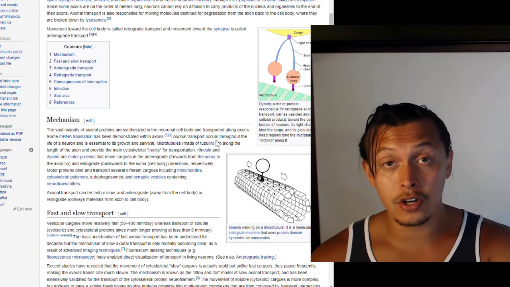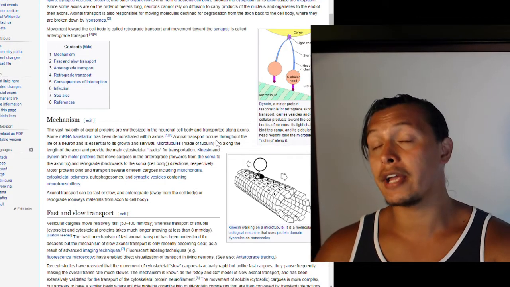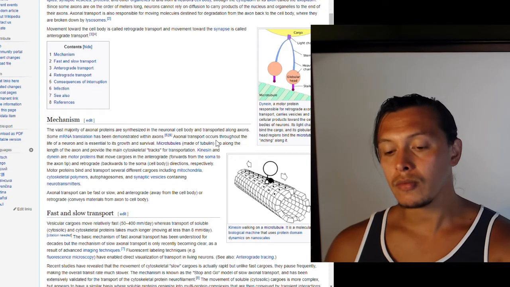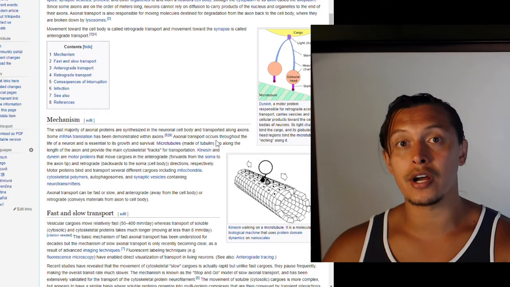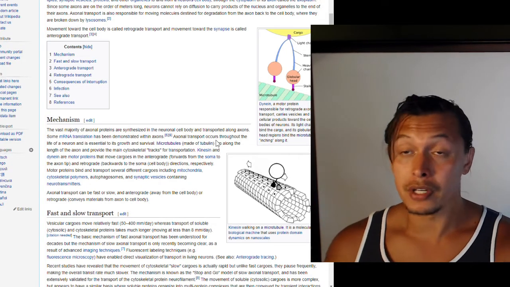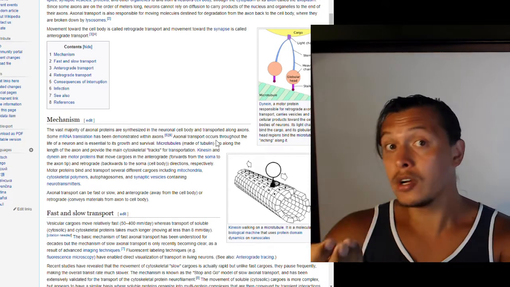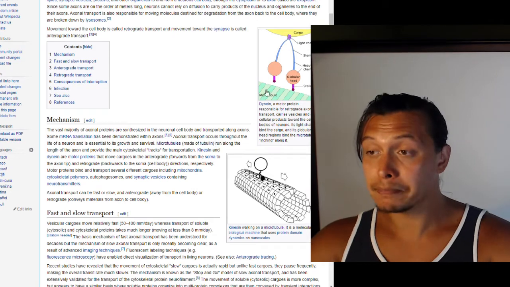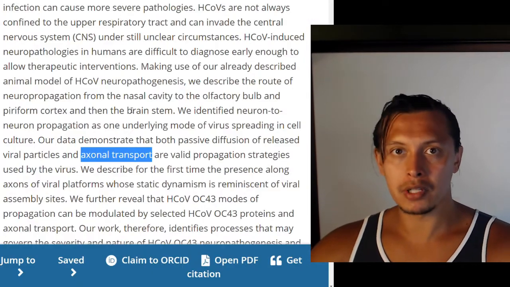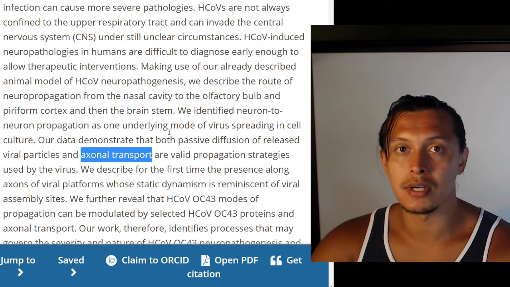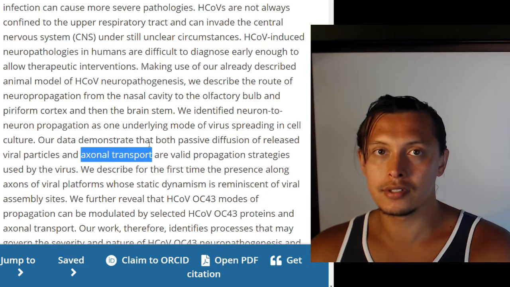And since the neurons seem to have these receptors that coronaviruses seem to be very able to utilize, it's very possible that the viruses are able to use this as a strategy to move from one side of the body to another, or a way for these coronaviruses to go from your nose all the way up into your brain, right? And the ACE2 receptors, I believe, are also on a lot of neurons as well. So this would be allowing the neurons to take up some coronavirus or SARS-CoV-2.